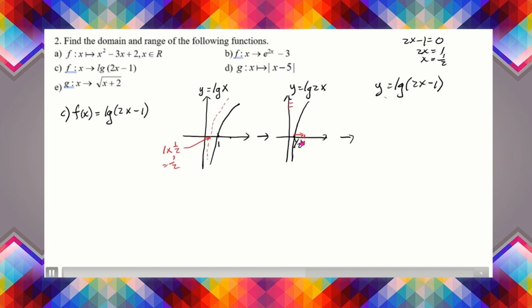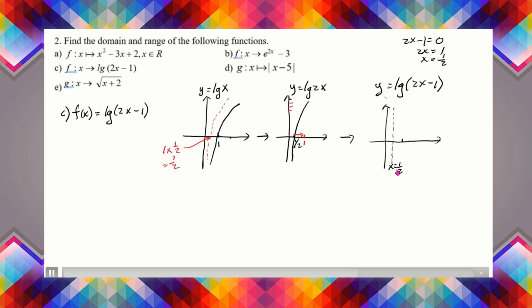Then after shifting, we know that the vertical asymptote will also move. Because of shifting to the right, the vertical asymptote, initially hidden behind the y-axis, comes out from behind the y-axis.